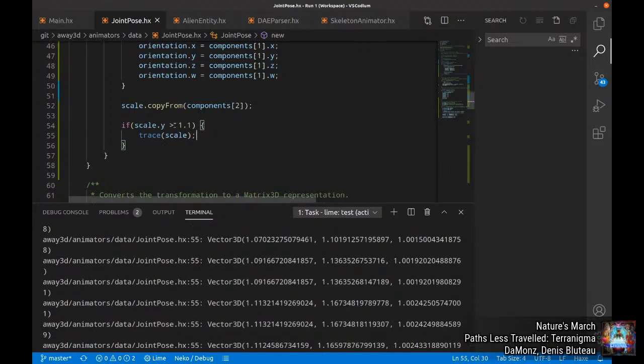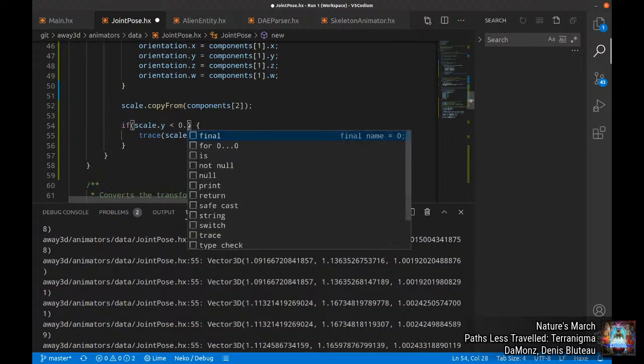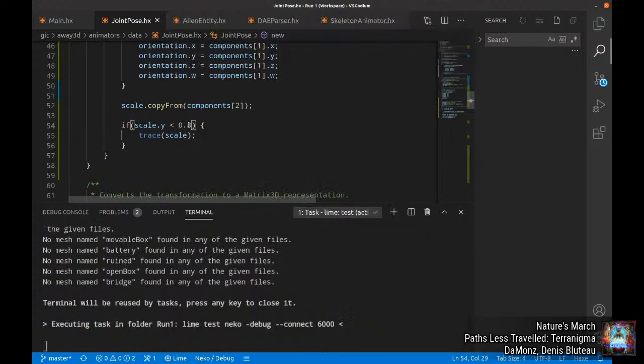Oh wait, I actually want to look at squishing.